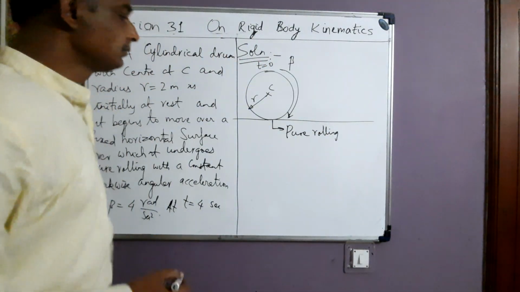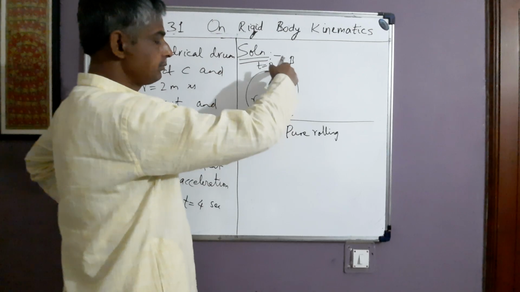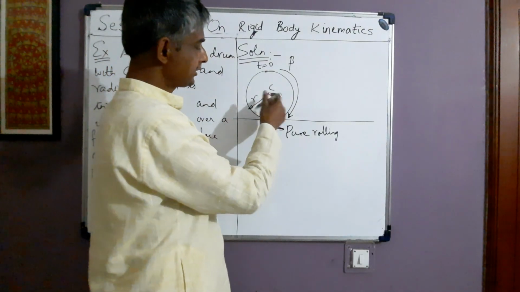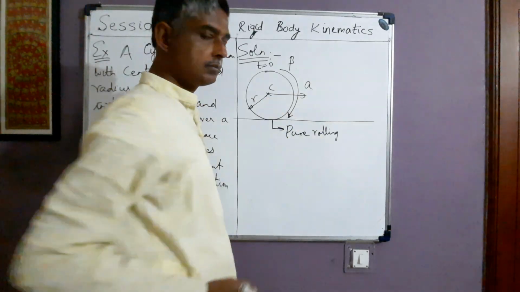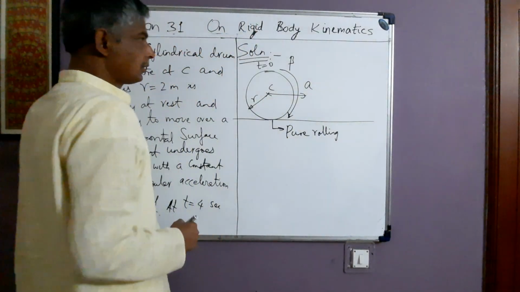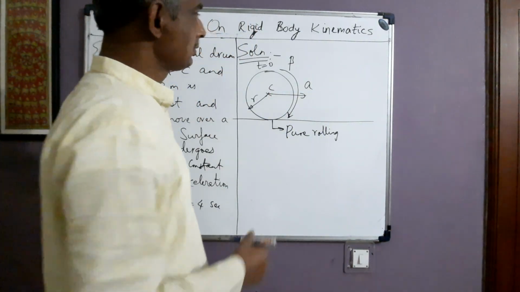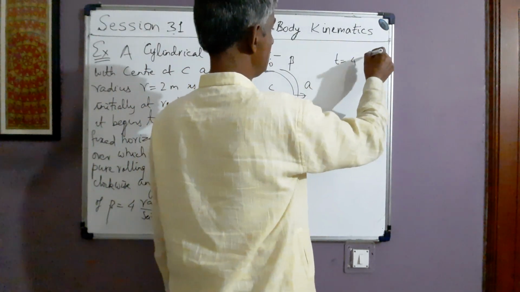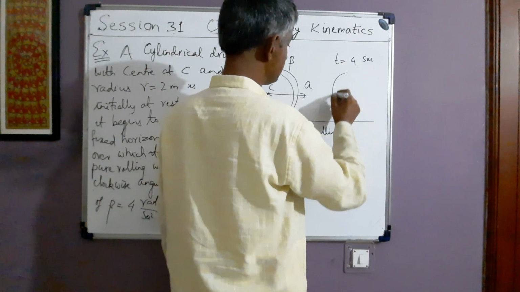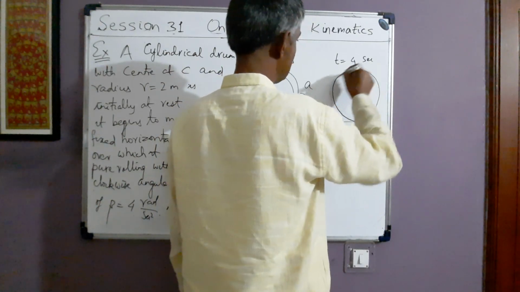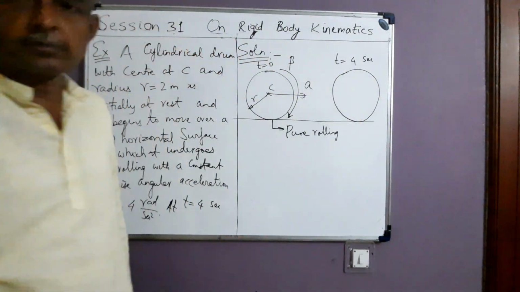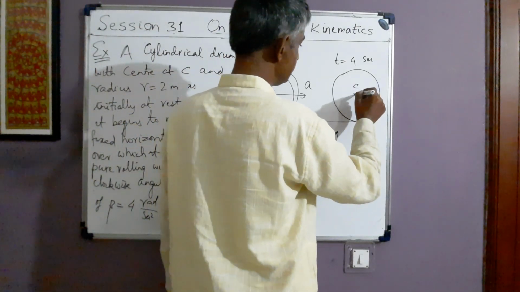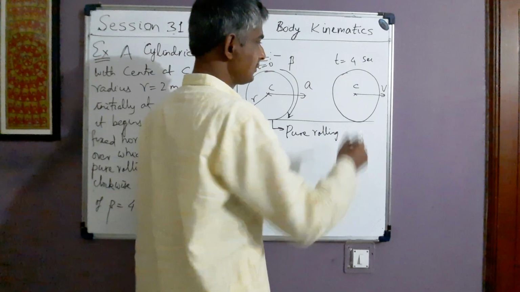Now what will happen? Initially beta is clockwise 4 radian per second square. So from pure rolling, acceleration of center should be towards the right. Now this is the situation at time 0. This is the situation at t equal to 4 seconds. At t equal to 4 seconds, the center has acquired some speed v.